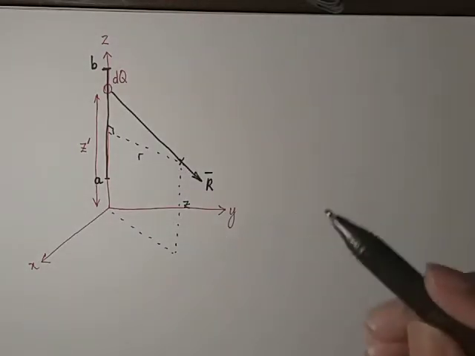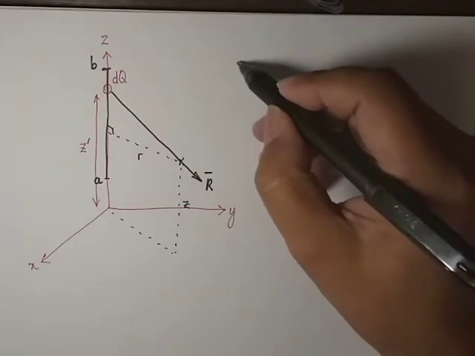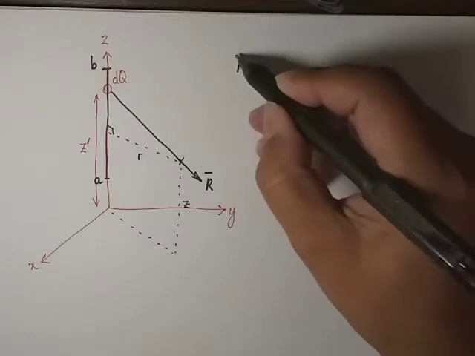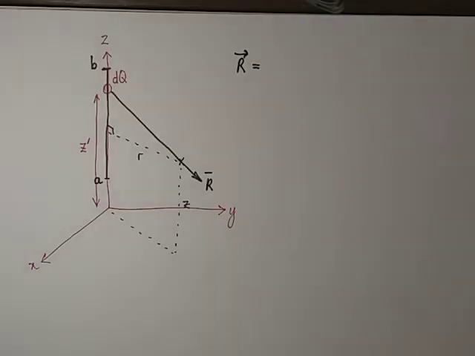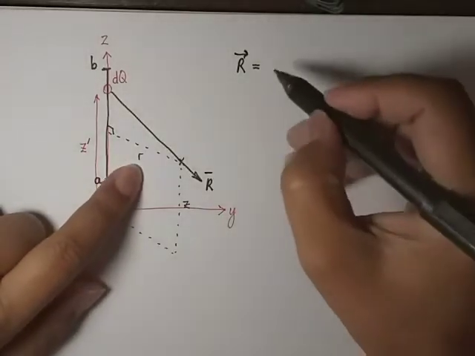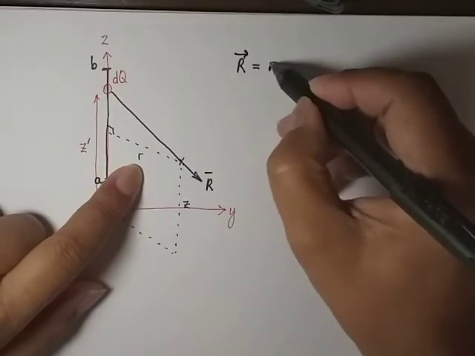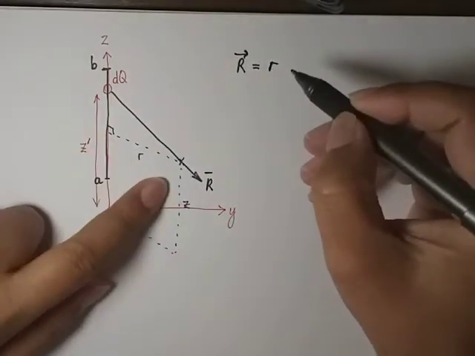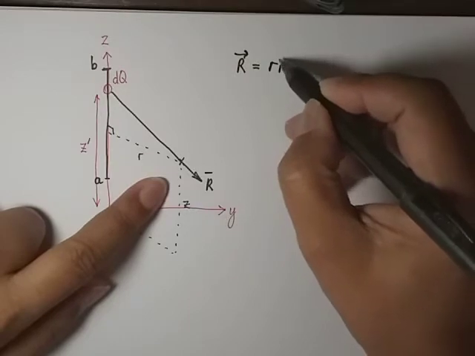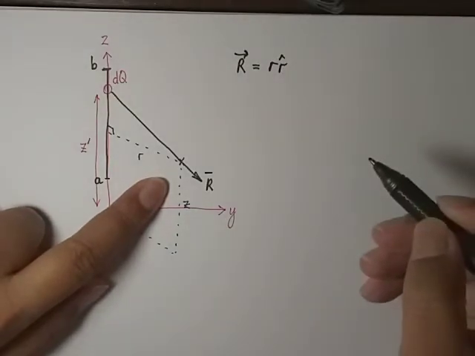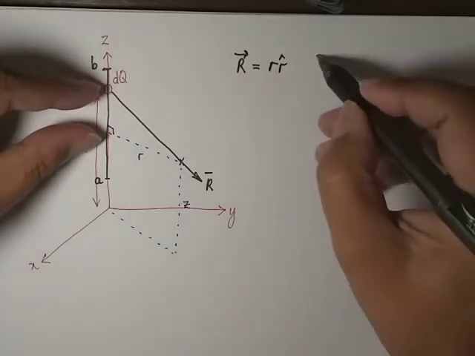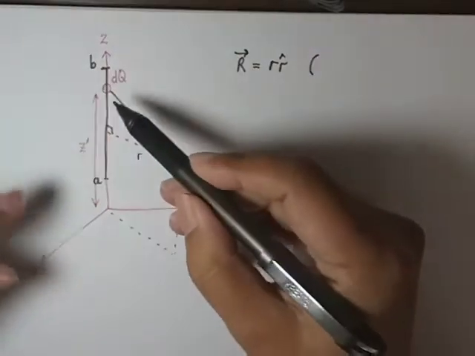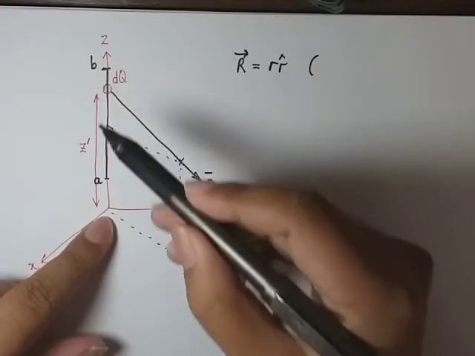So from the diagram, I can see that the R vector is equal to, I'm going to choose this one first. Magnitude should be R. Coming out from the z-axis, it is defined as positive R. Then I'm going to define this vector. The magnitude should be what? The magnitude should be this height minus this height.